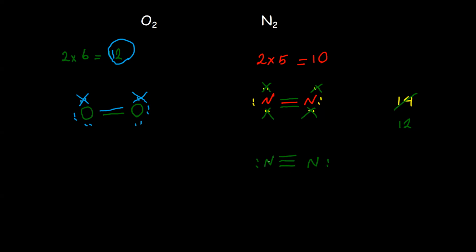How many electrons do we use? 2, 4, and 3 pairs of shared, that is 6. 6 and 4, 10. We have 10 electrons and we use 10 electrons. I hope you found this video useful and thank you for watching.